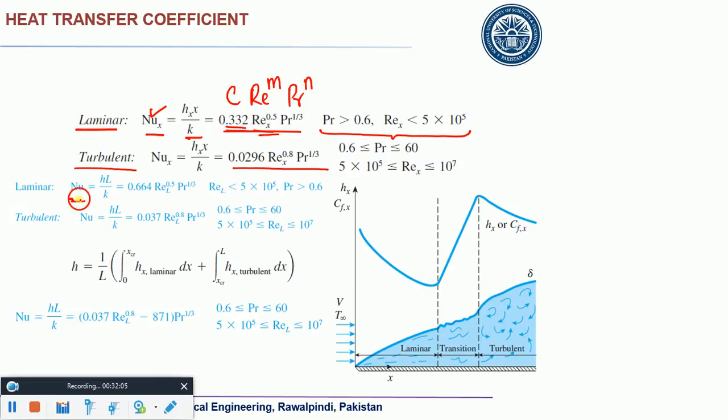So again, this is not time average, this is average Nusselt number. You just integrate it, multiply by 1 over L, and you would come up with this relationship, which is applicable for this range, and this relationship is applicable for turbulent flow. This is just a representation of the boundary layer. You remember that CF decreases as you move along the plate. And when it reaches the turbulent state, it goes to the maximum value, and then again it decreases.